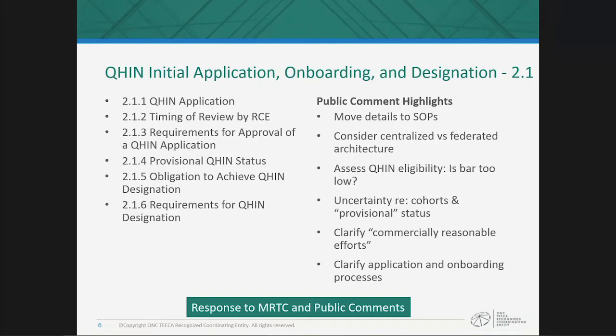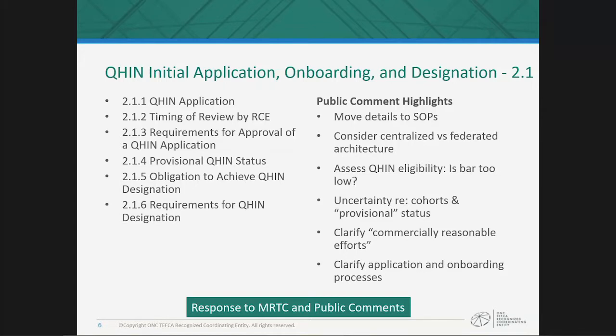You may remember there's a provisional status, and then you pass through the provisional status once the organization is ready to meet all of their requirements. We didn't list it all here because it would be like 10 slides, but that's currently in the MRTC.